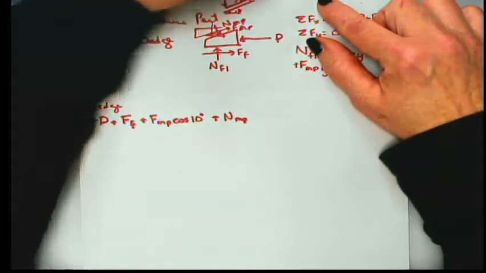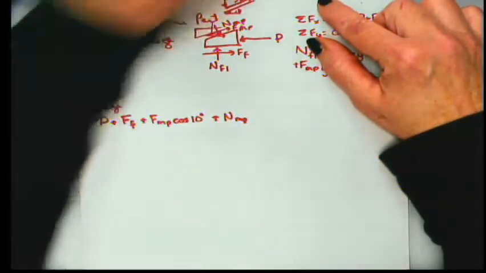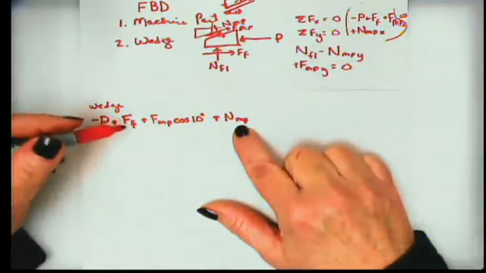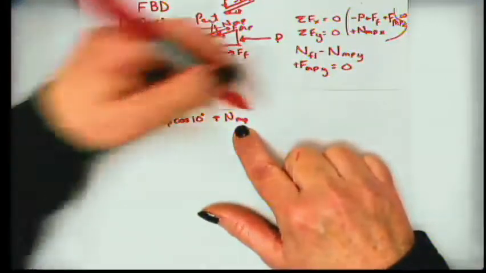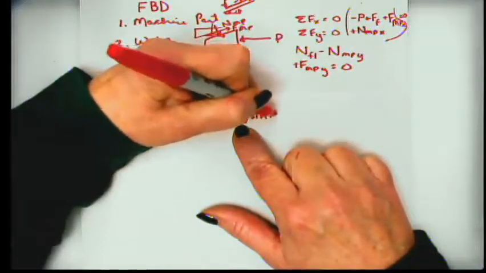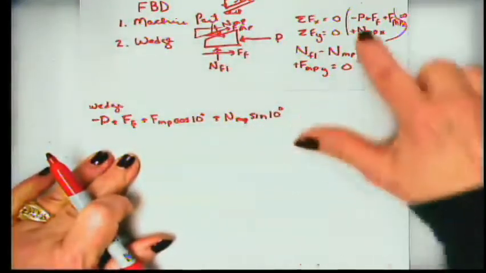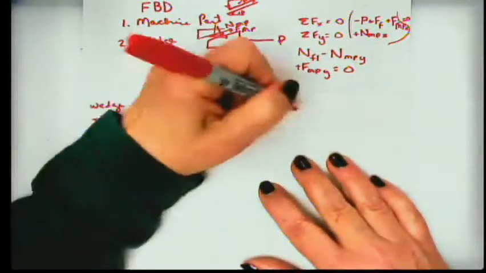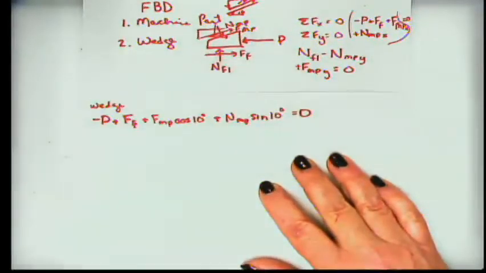This is perpendicular to this. So this is also 10 degrees. So that means that my normal force in the x direction is going to be the normal force times the sine of 10 degrees. 1, 2, 3, 4, and those 4 things are going to have to equal 0.